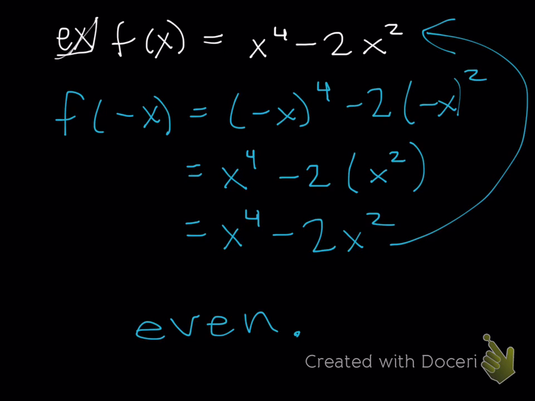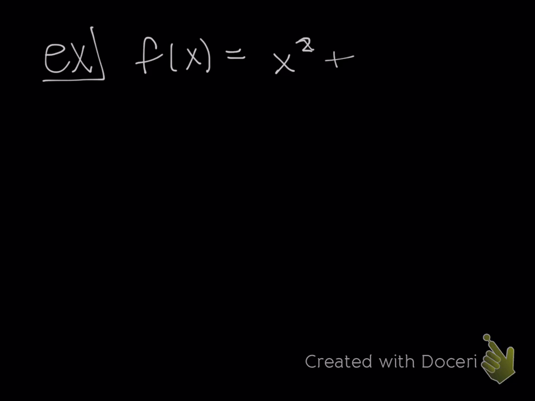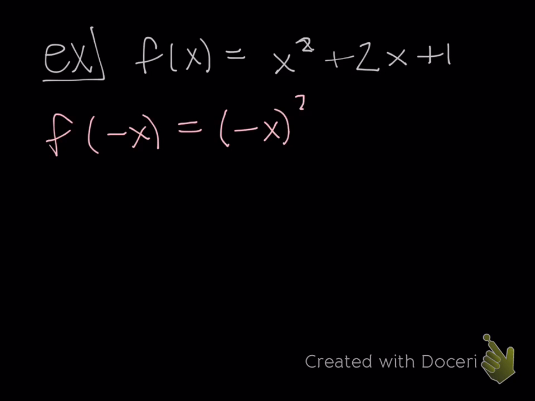So one more. So for this example, f of x is equal to x squared plus 2x plus 1. So f of negative x, I plug in a negative x raised to the second power plus 2 times the negative x plus 1.